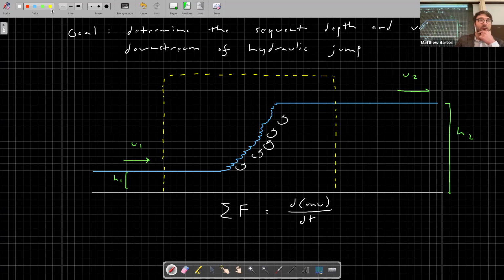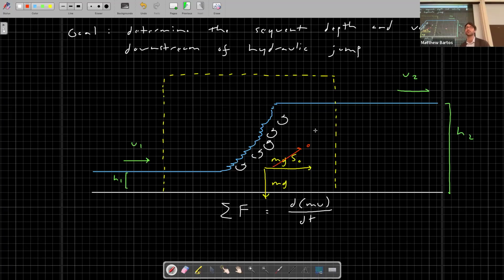Gravity. So we'll have gravity acting in the y direction. This is mg, for the weight of the water. What is the component of the gravitational force in the direction of flow? It'll be mg S naught, or mg sine theta. Because this is a horizontal channel, the bottom slope will be 0, so this whole term can go away.